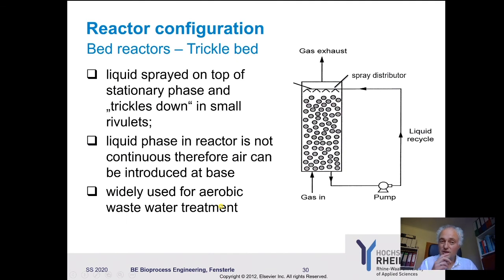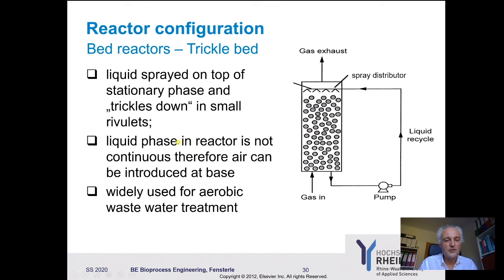And finally, we have the trickle bed reactor. So here we have a liquid and a gas phase. So there is the gas all the way down there, and you just trickle your liquid, which should circulate, over the particles, which flows then down, and you pump that in this direction.